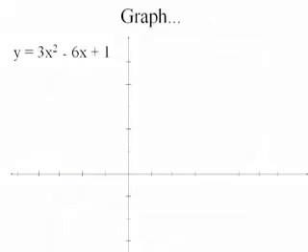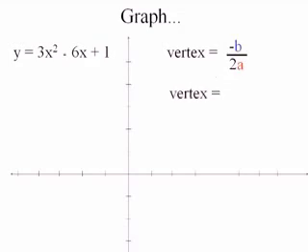Oh, is this great? Let's try this one. In this case, the vertex is going to be at, of course, negative b over 2a. Now a is 3, b is negative 6, and c is 1. So the vertex will be at negative of negative 6 over 2 times positive 3. Now remember, the negative of a negative is a positive, so we've got 6 over 6.